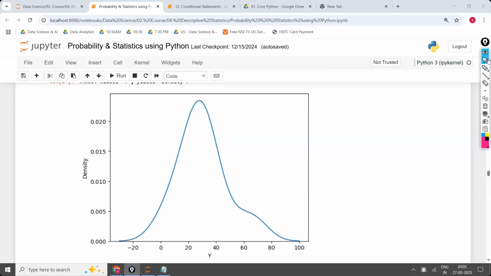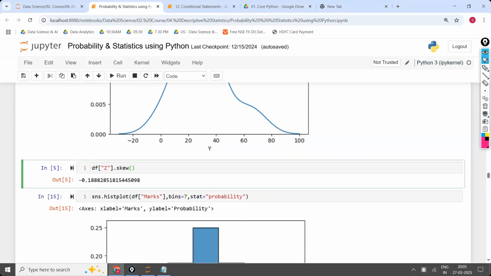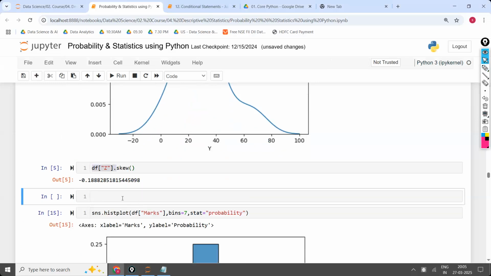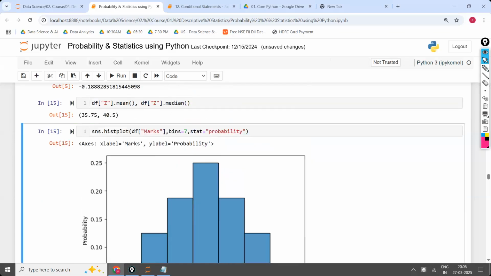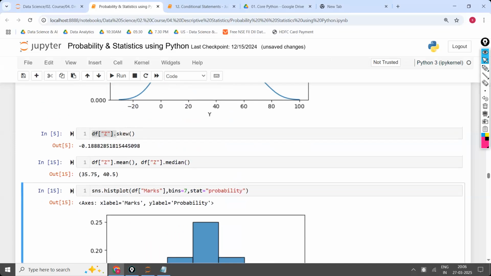Apply the same logic on the Z column also. For the Z column, let's apply the mean and median. What are the mean values? And along with the Z column, the median also. Now tell me, is the mean more or the median more?